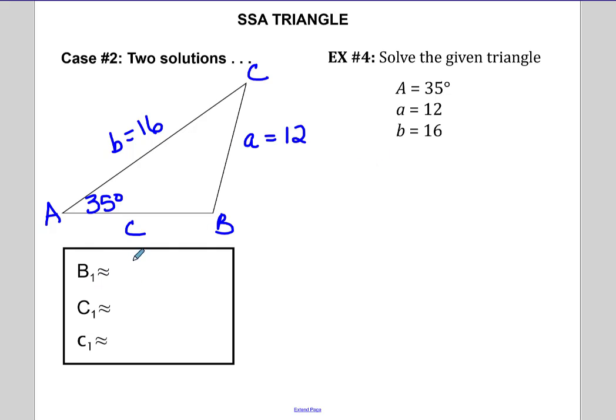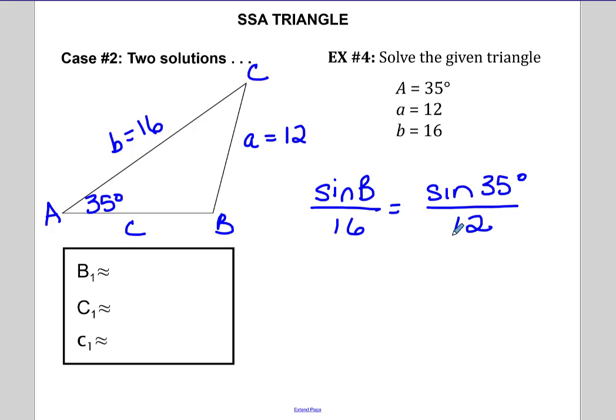So we want to find the first triangle, and I'm going to look for sine of angle B over the side 16 is proportional to the sine of 35 over side 12.